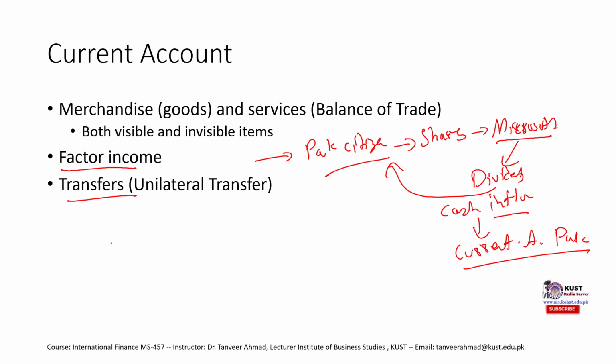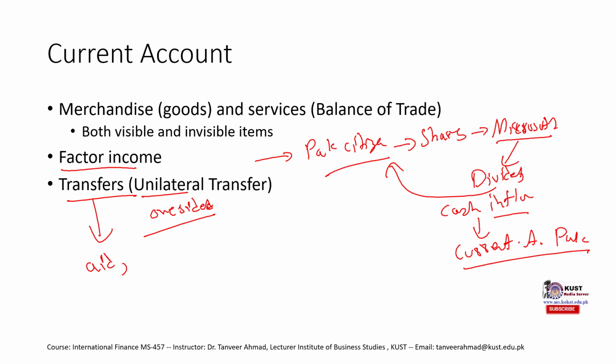Then we have transfers. These are also called unilateral transfers, and unilateral means one-sided. And they are called one-sided for a reason. What a unilateral transfer would record is payments such as aid, right?